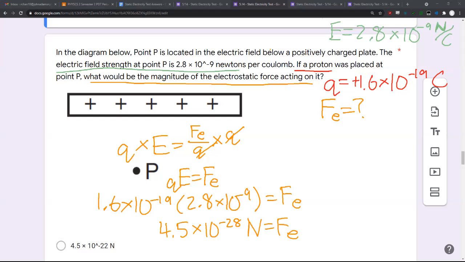All right, that is that. Any questions? We learned that Fe is equal to EQ. Well, if you multiply by Q on both sides, then Fe is equal to EQ, yeah, because you can just reformat this equation.